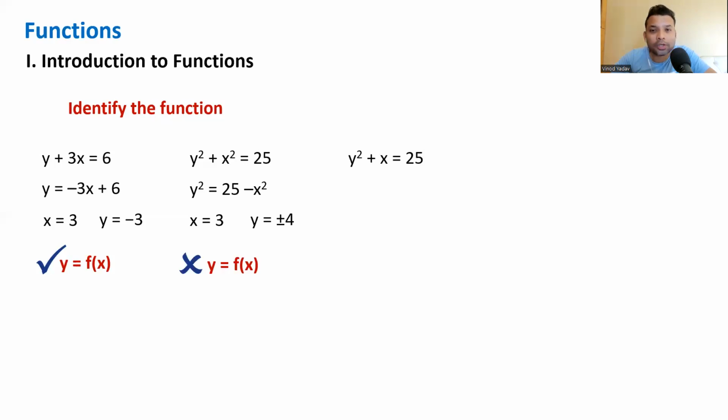So it's not a function. Correct? Similarly, in the next one, y square is 25 minus x. Same thing. If you choose x as 9, so y square is 25 minus 9, that is 16. So y will be plus or minus 4. For one input, there are two outputs. Not possible. Not a function at all.